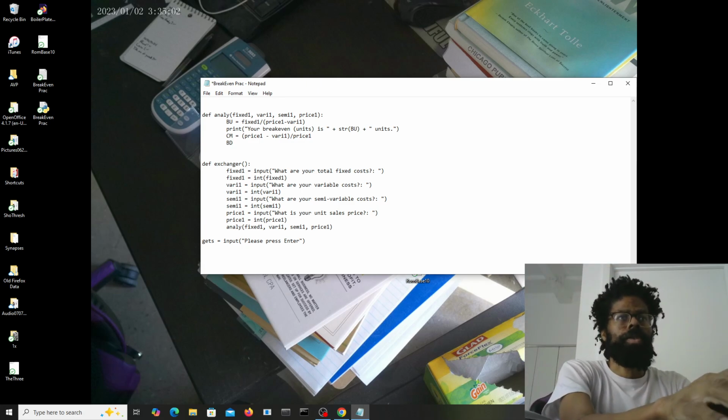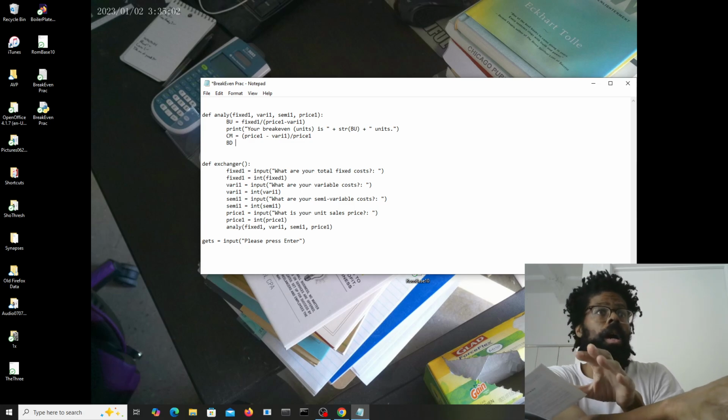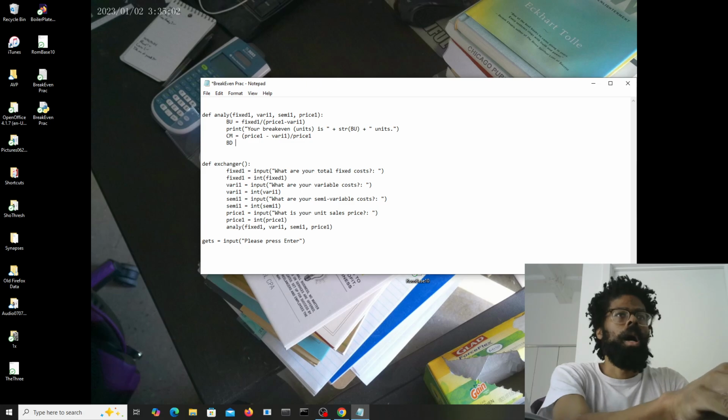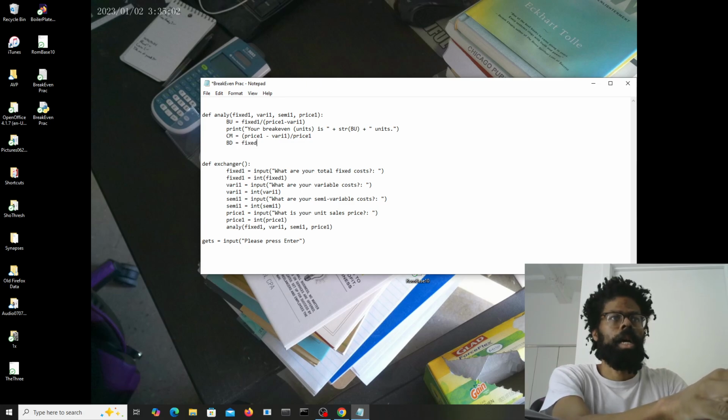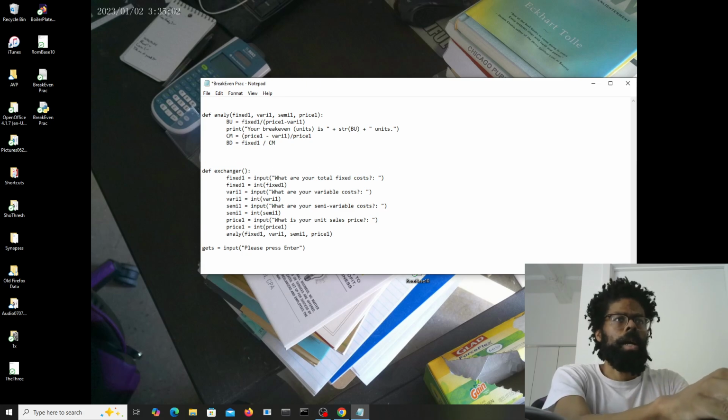Break-even dollars is fixed cost divided by contribution margin, equals fixed 1 divided by. I misspelled fixed 1.